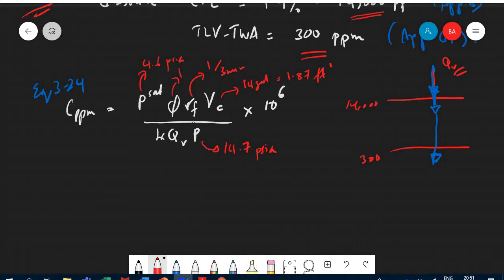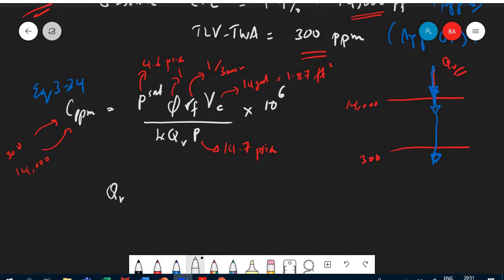Now once I will substitute with 300, and once I'm going to substitute with 14,000, right? So what do I have? I'm going to have the answer as following.